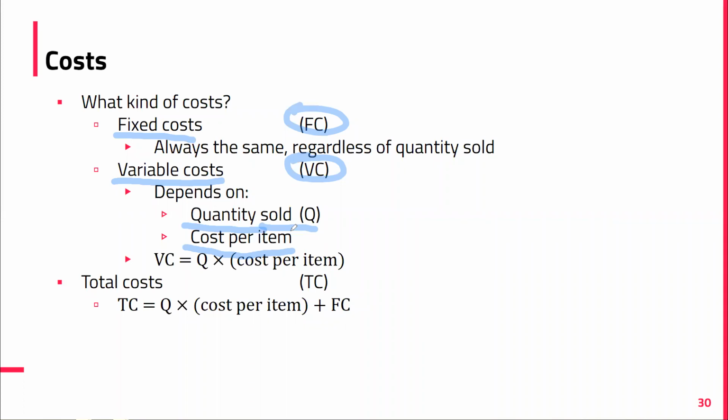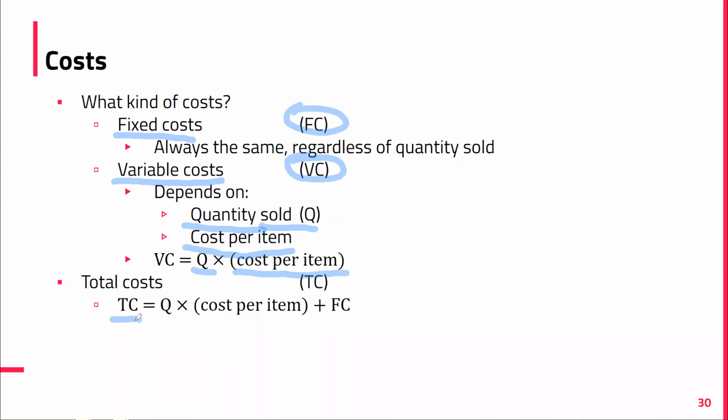That way we can make a larger equation for profit using the same Q value. So Q is quantity sold, not produced. If you run an efficient business, you only make as many as you're going to sell, or pretty close to that amount. So variable costs are just your Q, quantity, times cost per item.